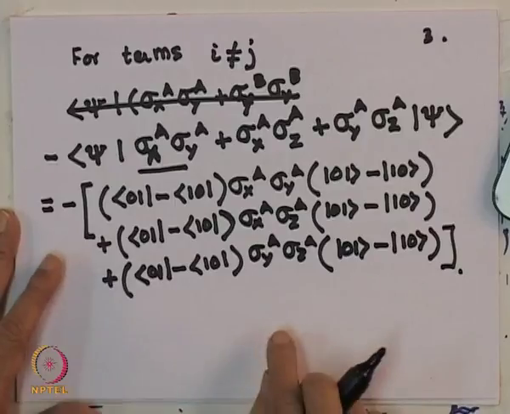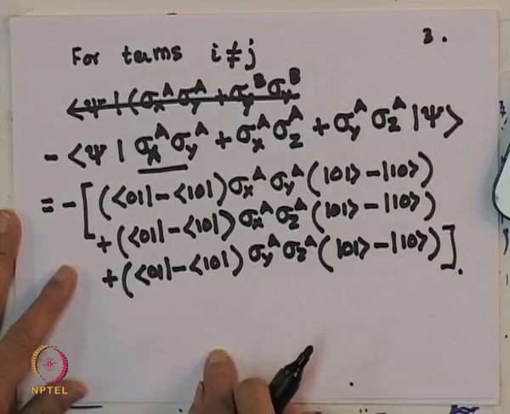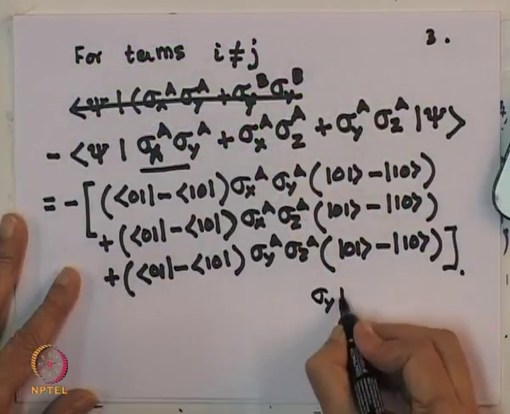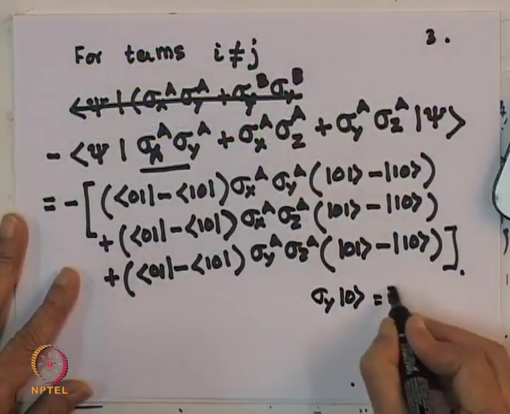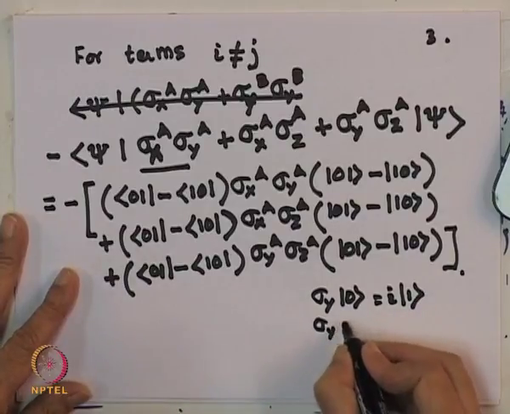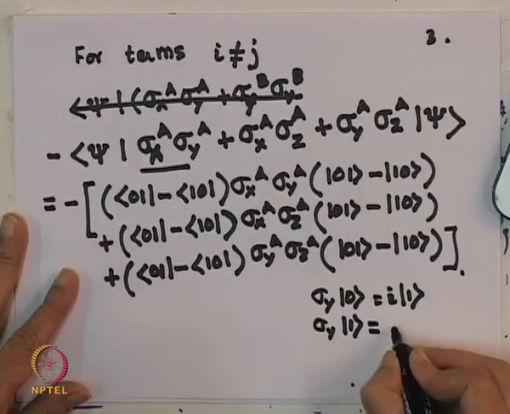Now look at that. Remember what sigma x does. Sigma x simply manages to flip 0 to 1 and 1 to 0. Sigma y does essentially the same. But sigma y acting on a 0 gives you i times 1, there is a phase factor there, and sigma y acting on a 1, you have to be careful, it is minus i times 0.